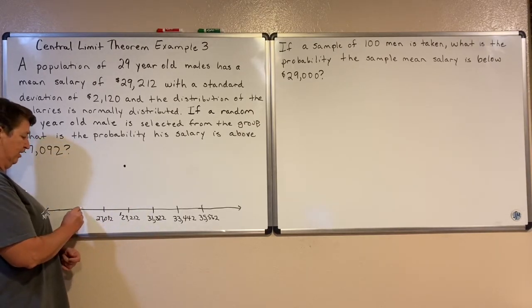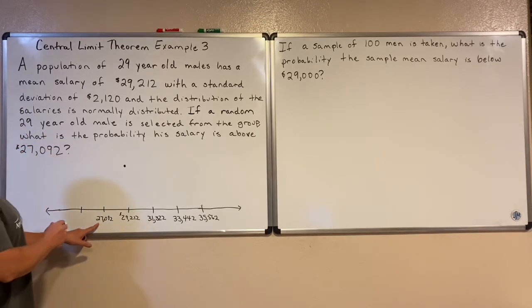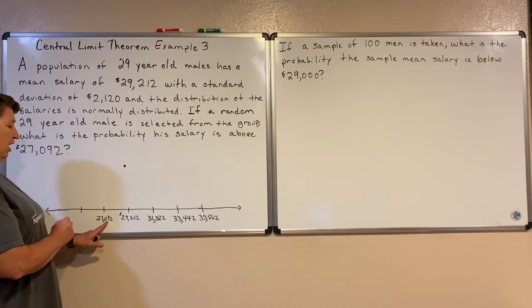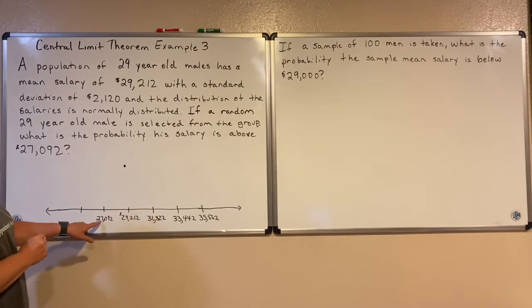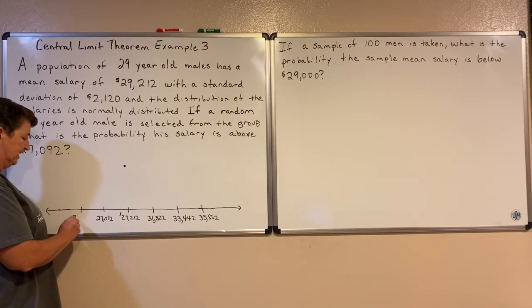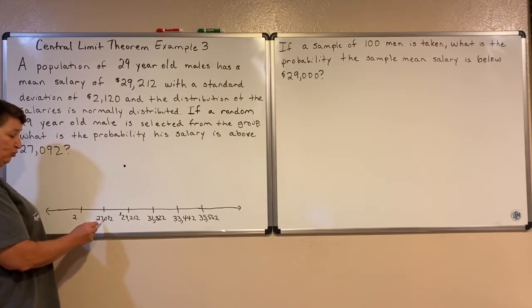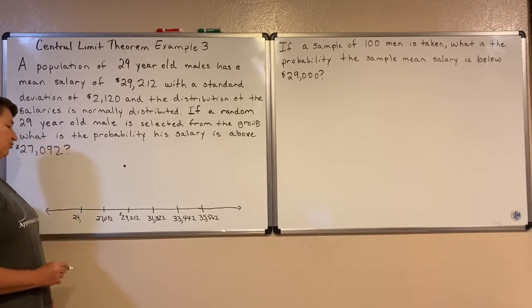I'm going to go down another standard deviation from that. So down 2,000, and down 120. Well, I'm going to need to break into my thousands there. So we're going to be at 20, bring down to 26, but then down 2 more, so we're at 24,000.